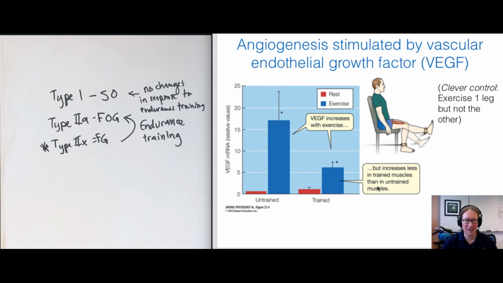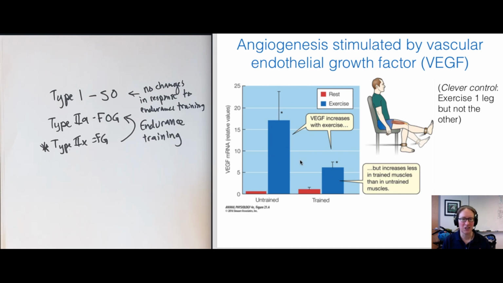Okay, so the data in this figure come from a study that compared trained versus untrained muscles and then measured expression of mRNA for VEGF. And this showed that following exercise, the red bars here are at rest, the blue bars are immediately after exercise, there will be an increase in VEGF amounts.